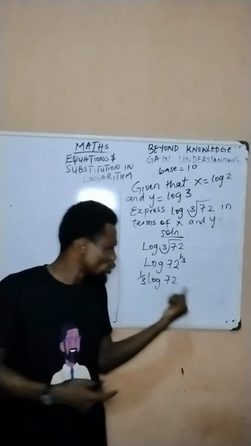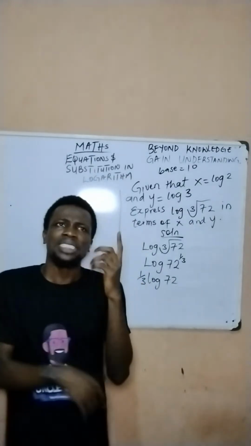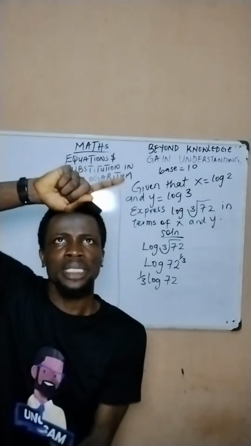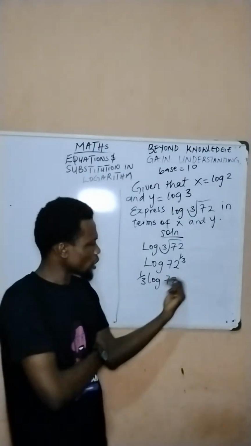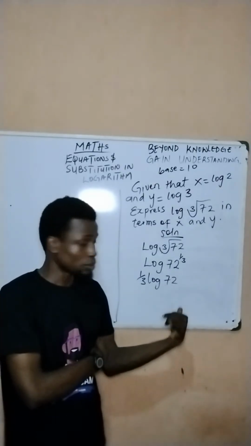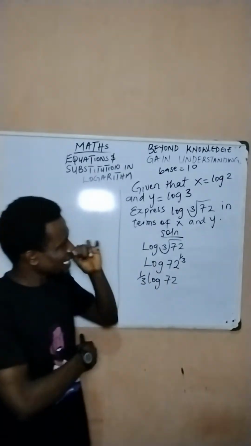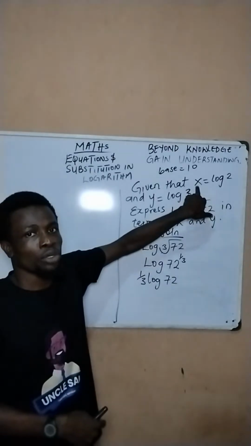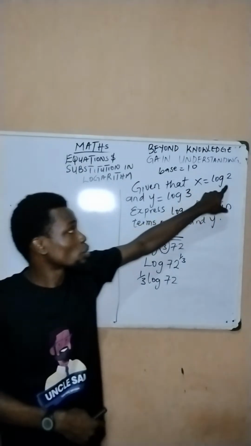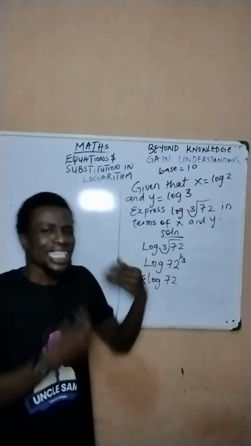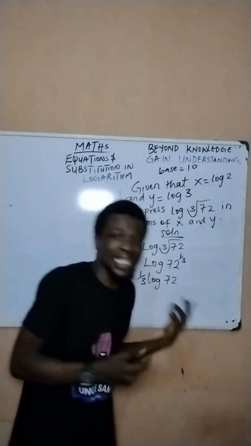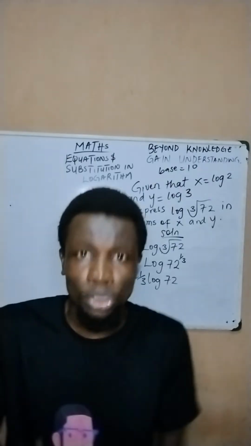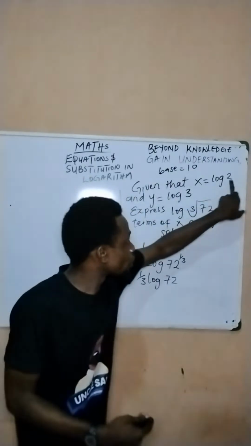So what can we do here now? Well, since we are working backward, what we are simply going to be looking at here is what will multiply itself to get 72. Since I can only apply the value of x, I can only replace x to be log 2 and y to be log 3. If I have something that shows it, that means I need to simplify 72 up to a certain level to be working with log 2 and log 3.